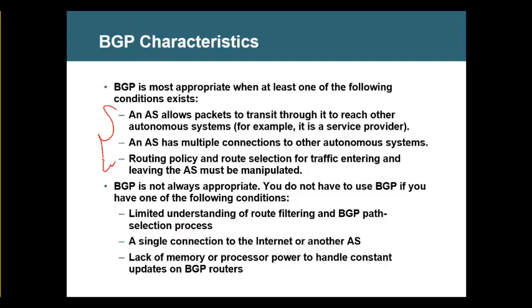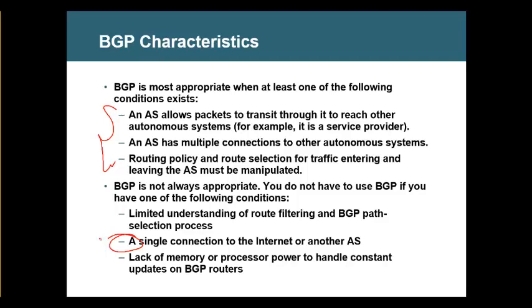When you are having single home, not multi-home, single home, what does that mean? If you have only one ISP, you don't have any policy, do you? You have only one ISP. What policy will you have? If you have more than one, you will have policy.